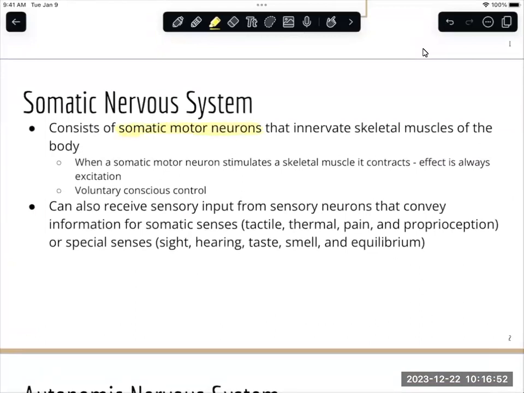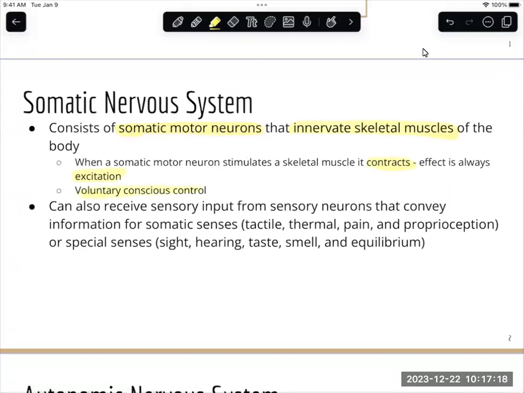Motor neurons, so they're going to innervate those skeletal muscles. So when a somatic motor neuron goes to that skeletal muscle, it's going to contract. It's going to cause excitation of that skeletal muscle, and it's voluntary.